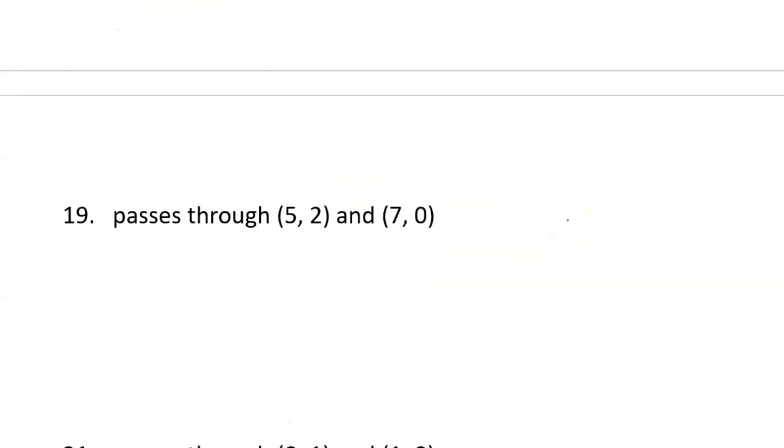Number 19, we have a line that passes through these two ordered pairs. To find the equation of a line, we have to know the m and we have to know the b. We don't know either one of these. So let's find m, the slope, using the slope formula.